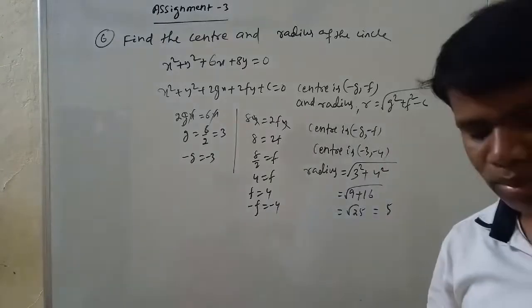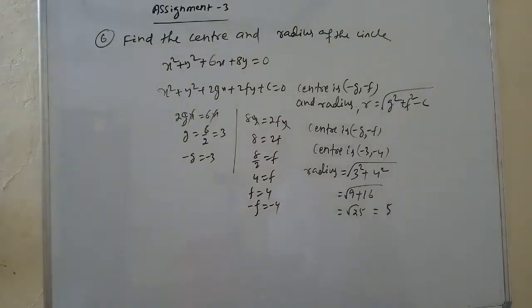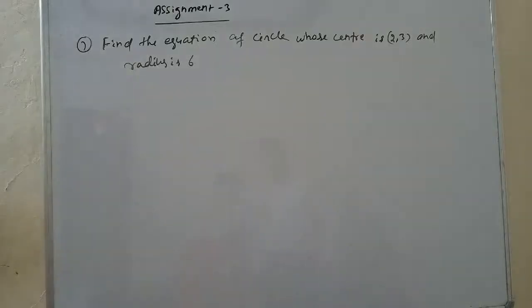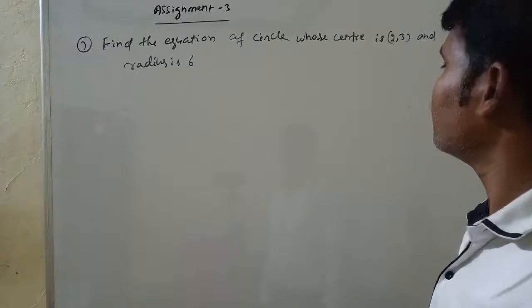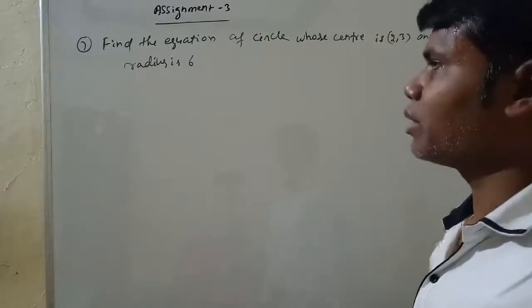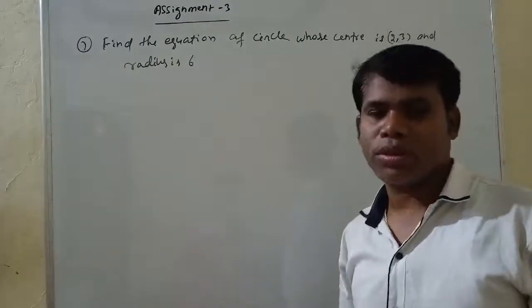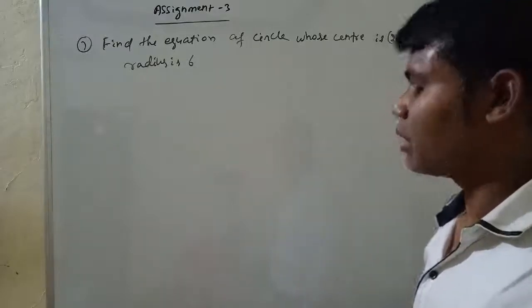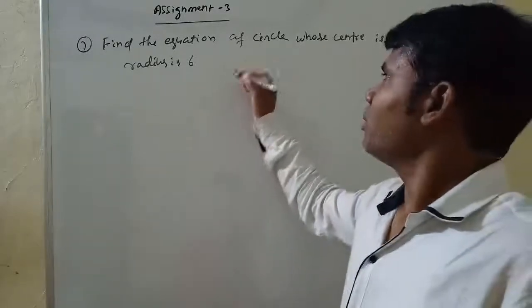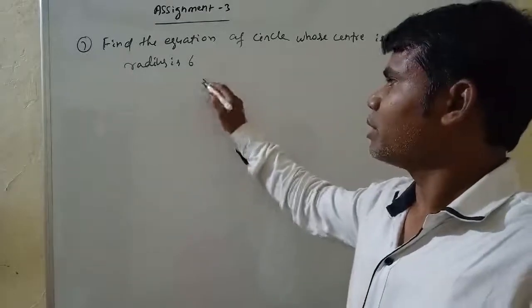Pause the video, note it down. You see the next question. Find the equation of circle whose center is 2, 3 and radius is 6. Okay, if you know the center and radius, you can get the equation of circle.